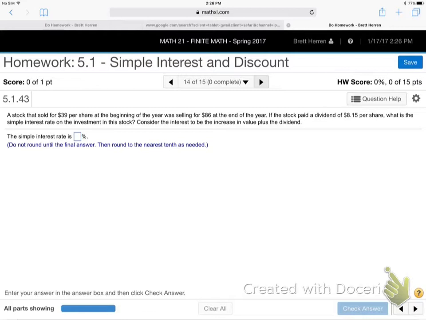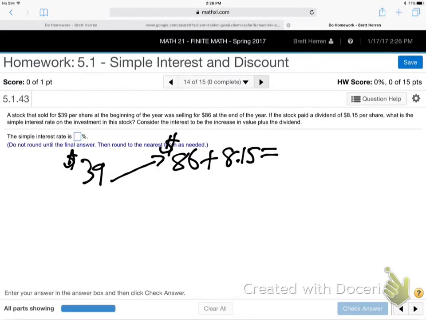Well, let's kind of summarize: a $39 stock climbing and growing to be $86 per share, plus it paid a dividend of $8.15, and they say right here, consider the interest to be an increase in value plus the dividend. So you want to add those.